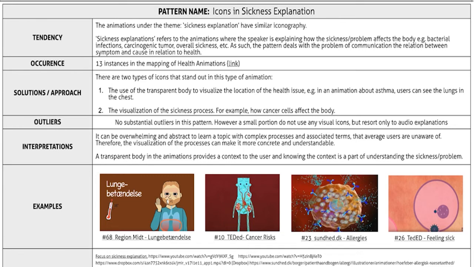And then we have the category of interpretation, which is about our arguments for why this pattern has chosen these 2 particular icons. And then we also have the different examples here of the animations.